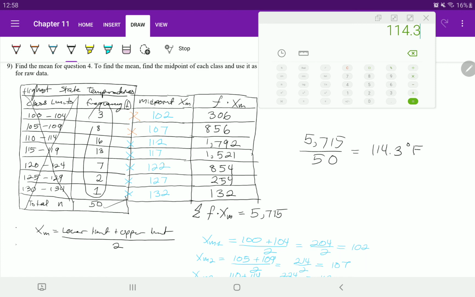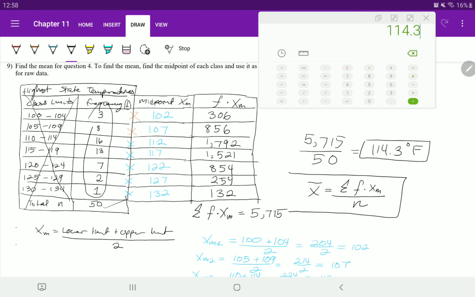That is the average highest temperature of the states. Now, there's a formula, right? The mean, when I calculated it, equals the sum of the frequency times the midpoint divided by the total sample size. And that is the mean formula for grouped data.